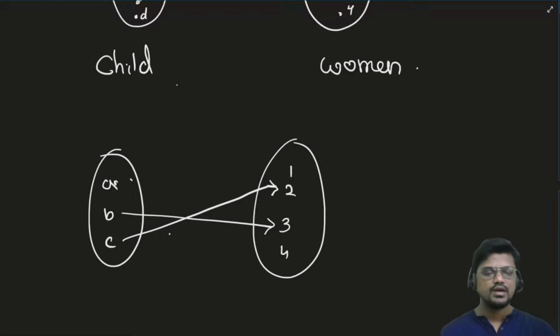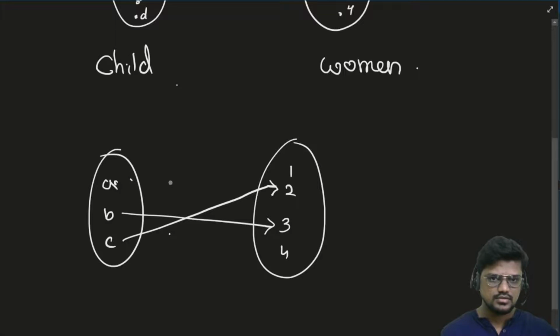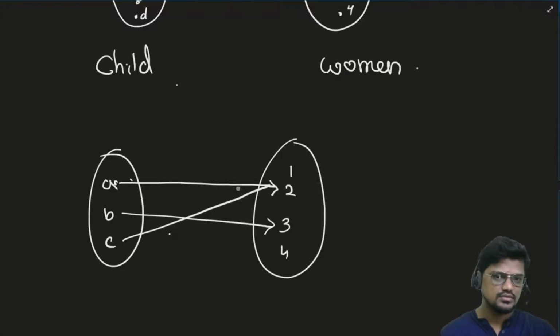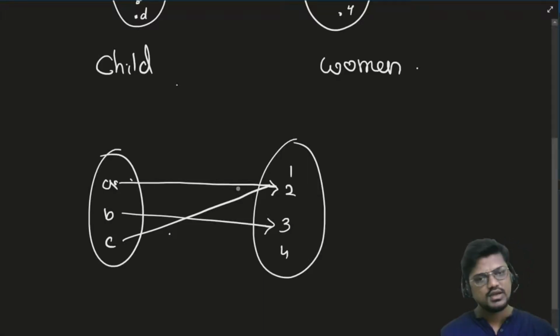Chalo, very good. Now, if I say, is this a function? Can I say this is a function? Please type in the chat box, guys. Very good, very good. That's right. It is a function. Now, if I write like this, there is one more element.